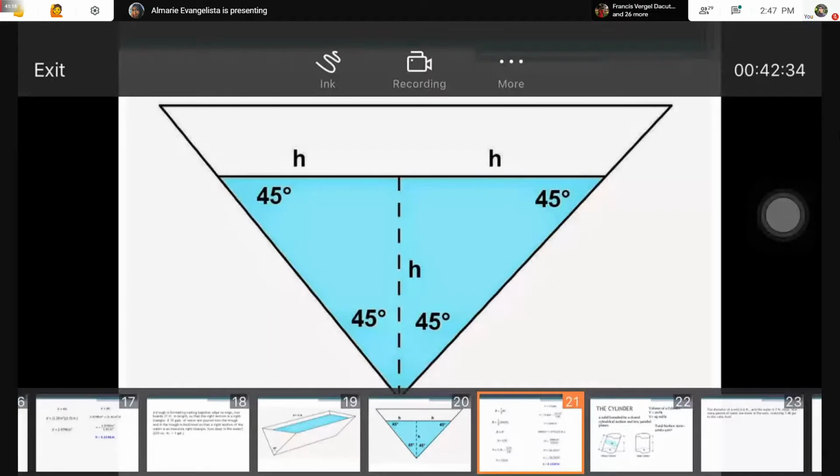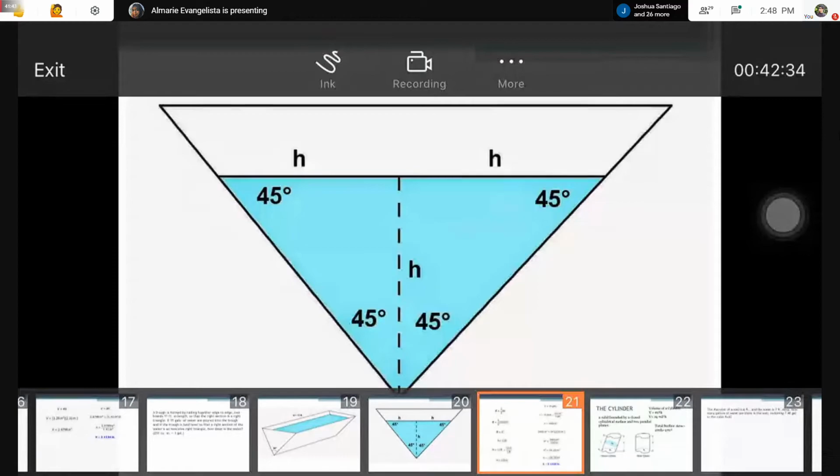Proceeding, we equate it to get the height. So, h squared is equal to 3,465 cubic inches over 132 inches.